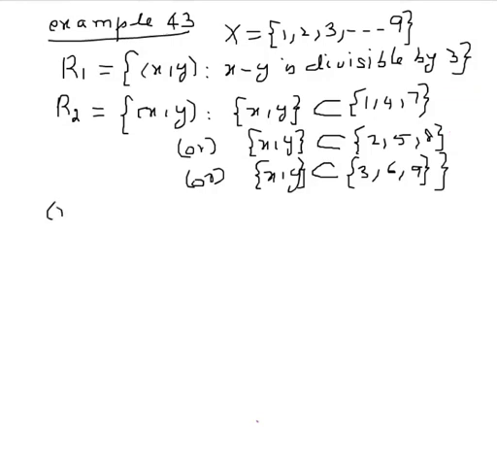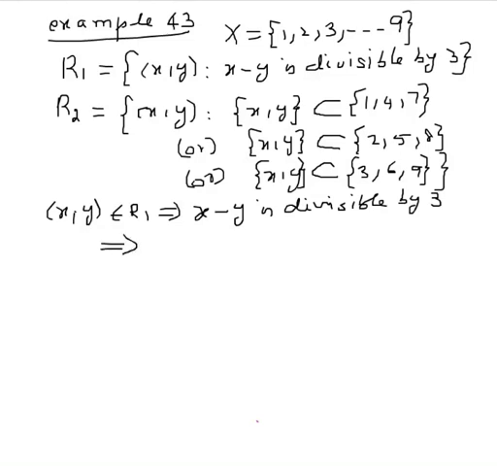Let us take (x, y) belonging to R1, which implies x minus y is divisible by 3 by the definition of R1, which implies {x, y} is a subset of {1, 4, 7}.